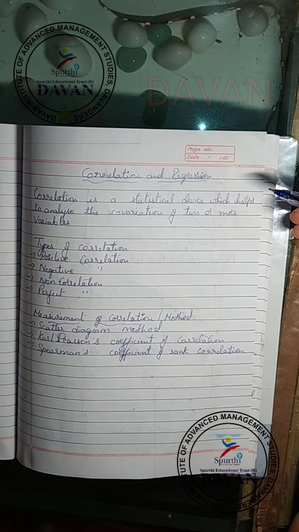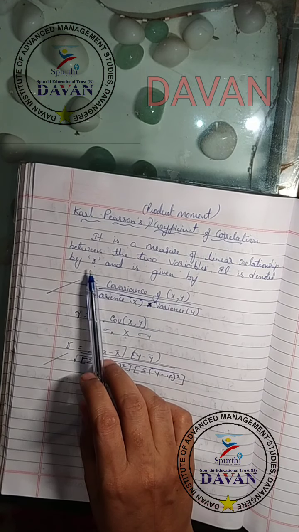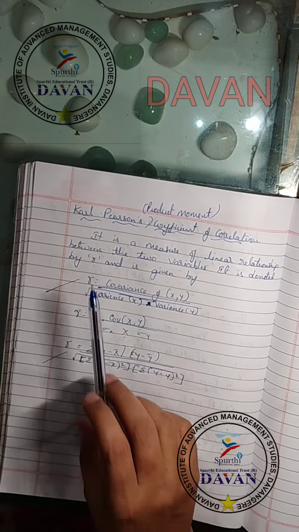The Karl Pearson method is a measure of linear relationship between the two variables, and it is denoted with the symbol small r. It is given with two formulas, and these are used when you have word problems wherein they give you covariance of x and y, and variance of x and y, then ask you to find r, or they can give you any three values and ask you to find the fourth one.